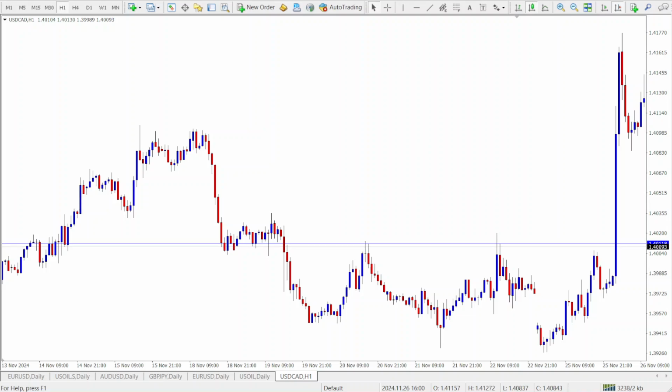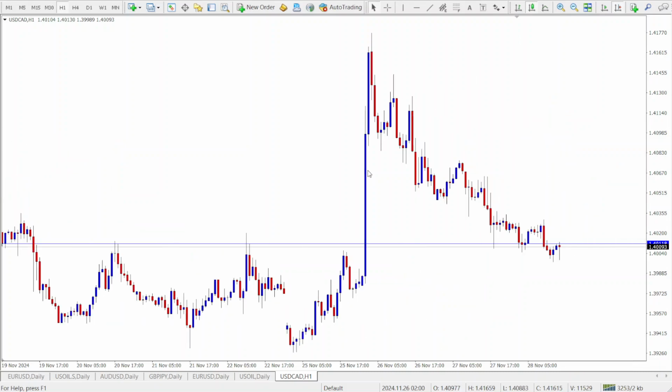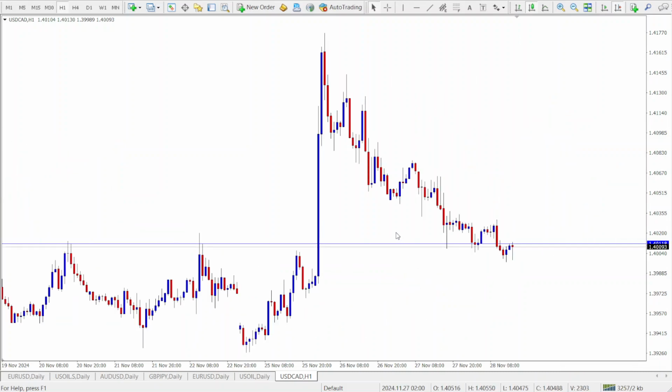Now, let us talk about technical analysis and how you can use it to develop your USDCAD trading strategy. One of the most important tools for trading USDCAD is the moving average. Moving averages help us smooth out price action to identify the overall trend. So I'm going to be adding the 50 EMA to the chart right away, and I'm also going to be adding the 200 EMA to the chart.